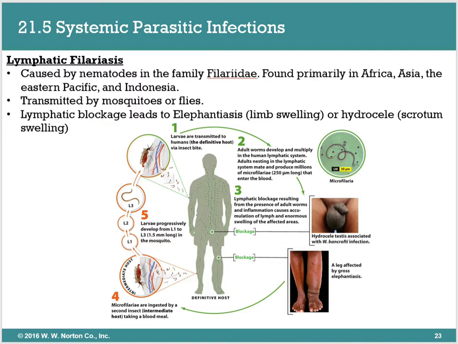So what will happen is that if this nematode is introduced into the bloodstream, it will cause blockage inside your lymphatic system. So wherever it may be, normally it's inside the groin and leg region. So depending on where the blockage will occur, will result in swelling.